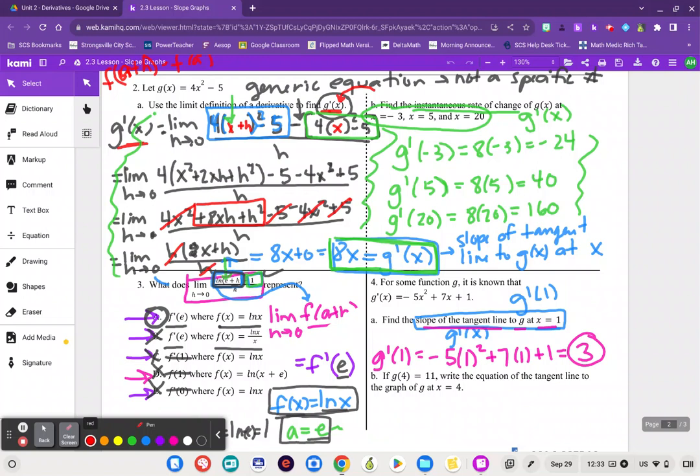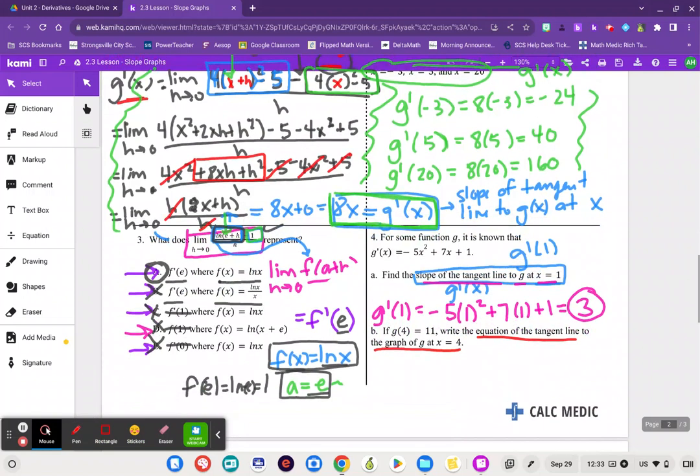if g of 4 is 11, write the equation of the tangent line to the graph of g at x equals 4. Okay, so up above when we had taken our notes, we had our notes box. We had said that to write the equation of a tangent line, I need y minus f of a, so the output at our specific x value, equal to f prime of a, the slope of the tangent line at that specific x value, times x minus a.